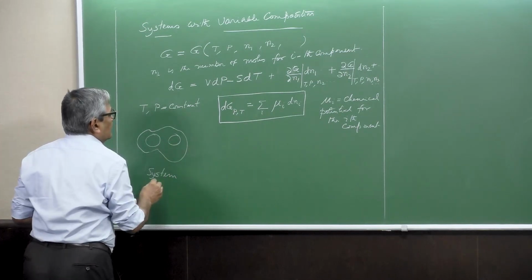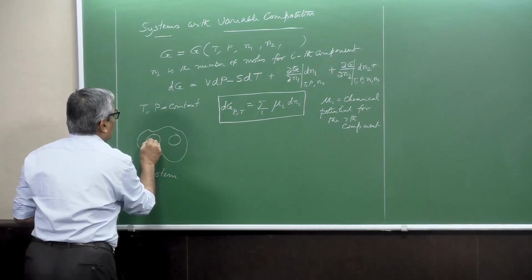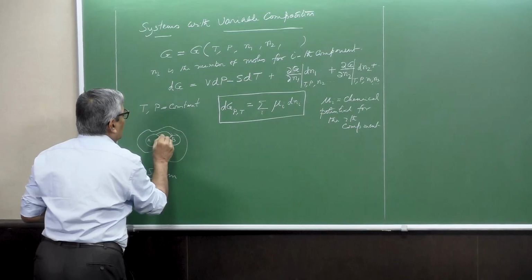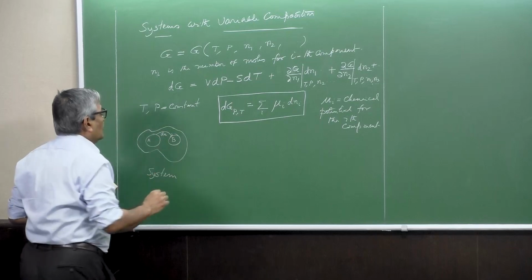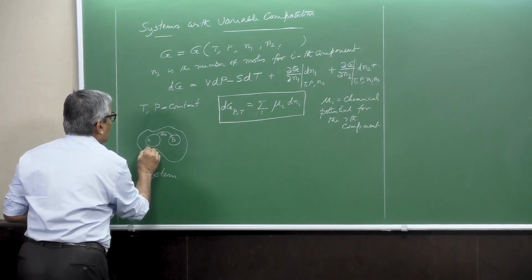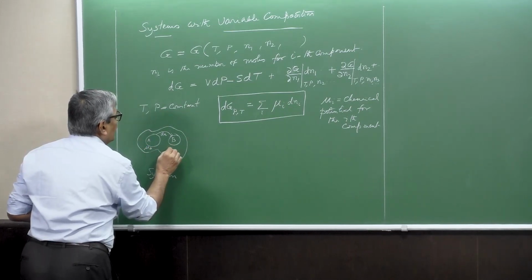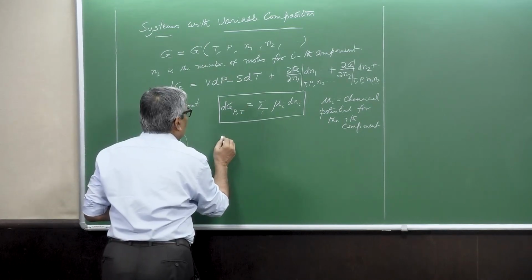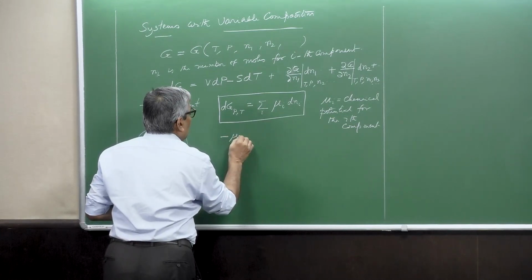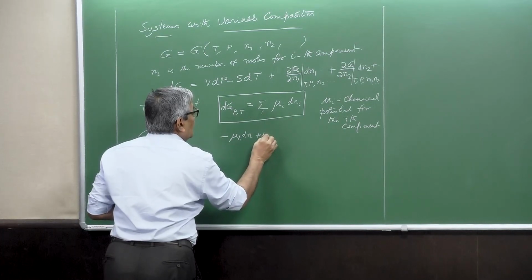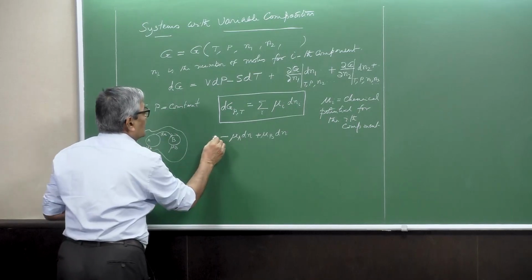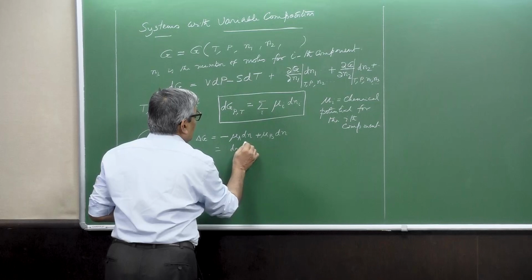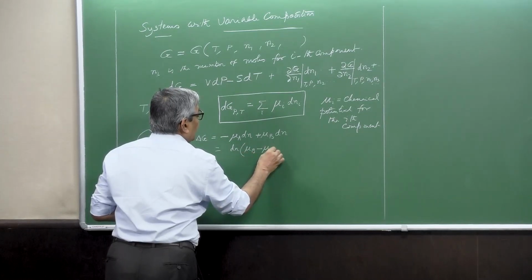I call this region A and this region B, and I transfer dN moles from A to B, where for region A the chemical potential is mu A, and for region B the chemical potential is mu B. So the change is minus mu A dN plus mu B dN, and that corresponds to the change in delta G. If you take dN common, it is mu B minus mu A.